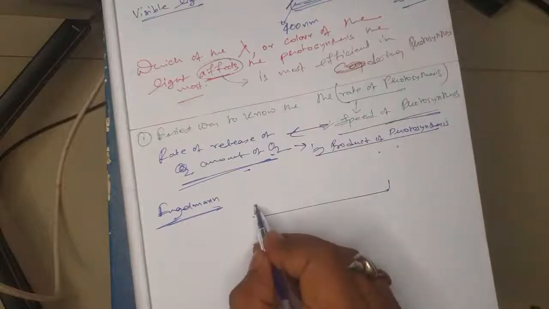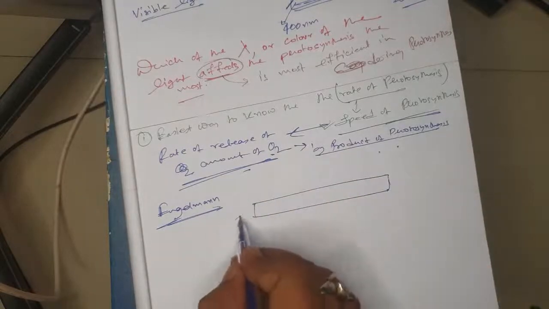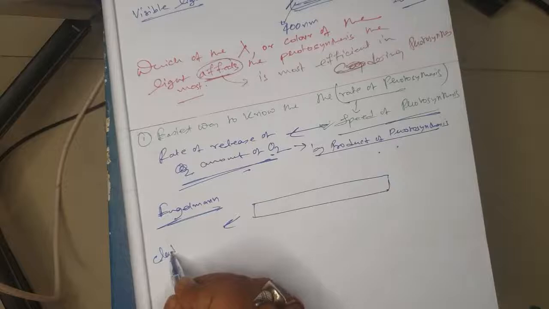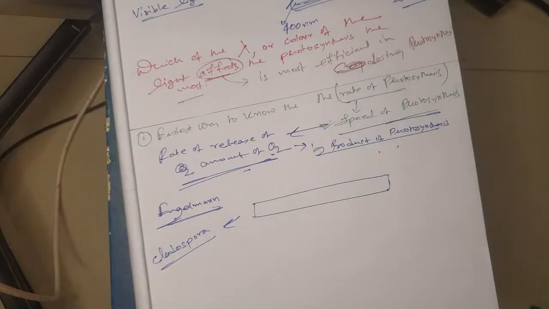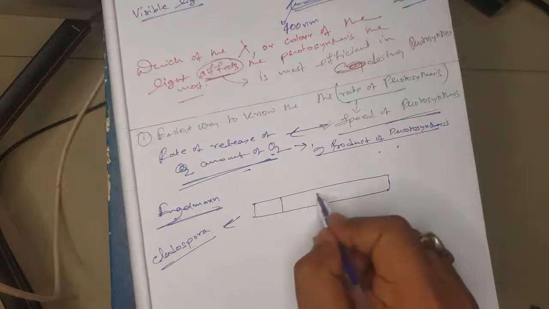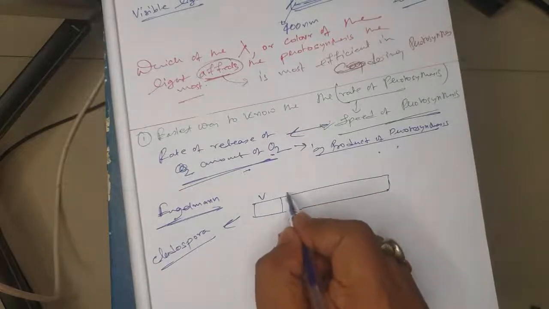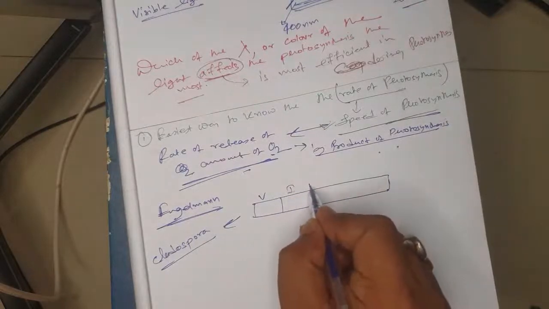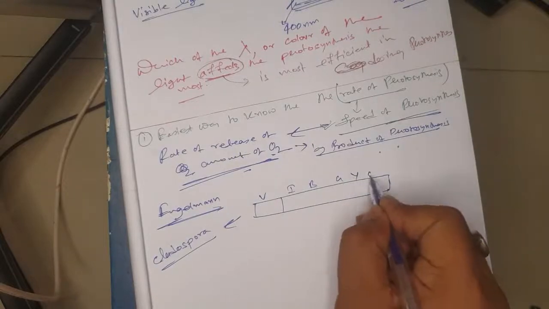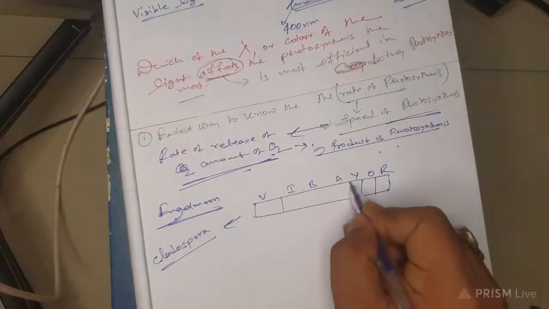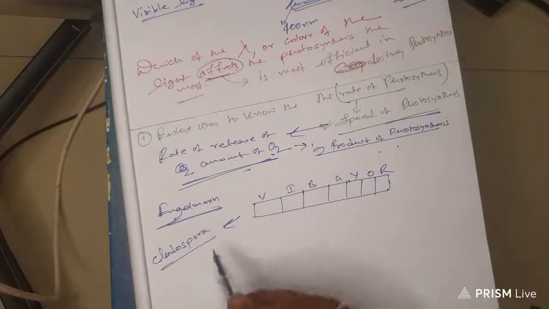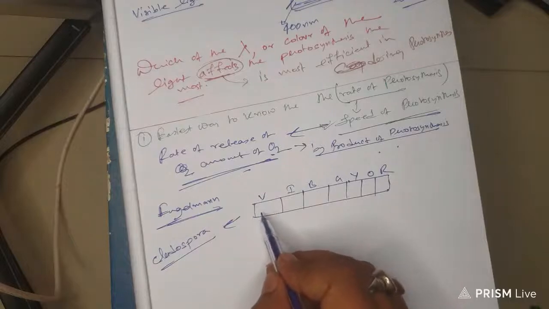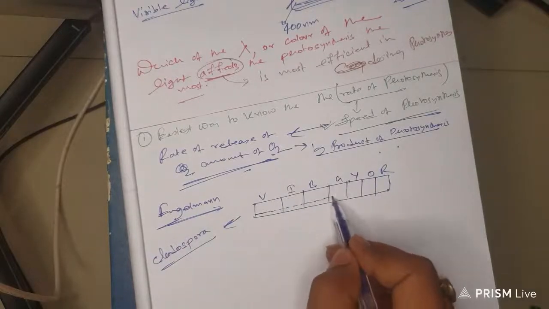He took an alga known as Cladophora, and he applied VIBGYOR, splitting the light. He applied the light in the tube. He saw that the Cladophora was already there.